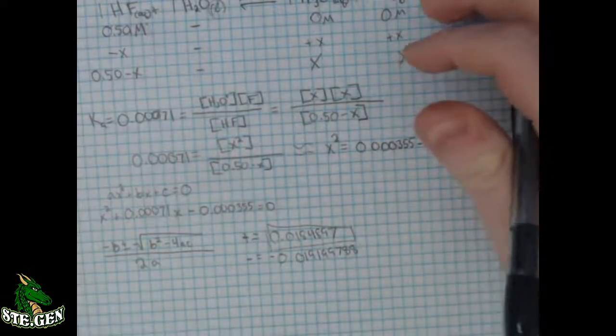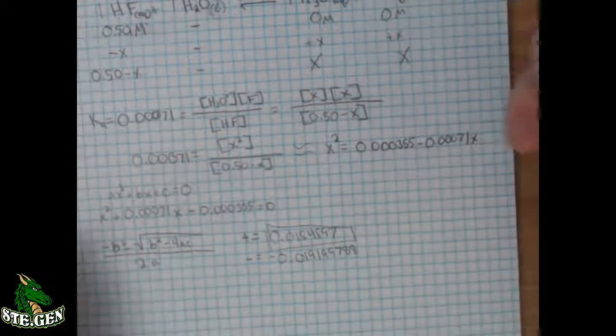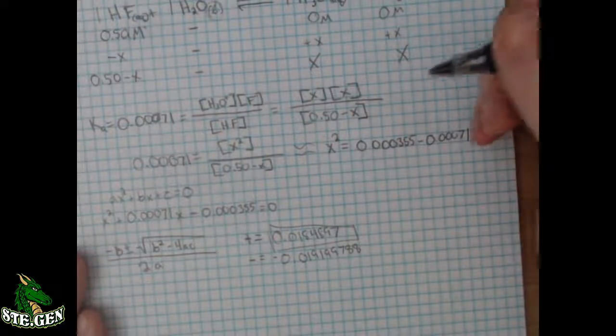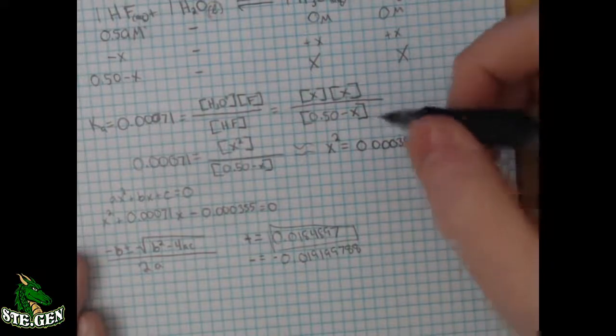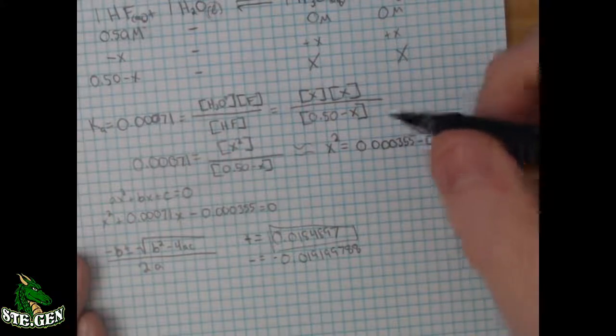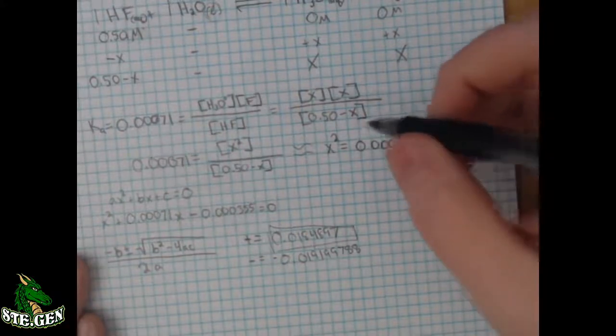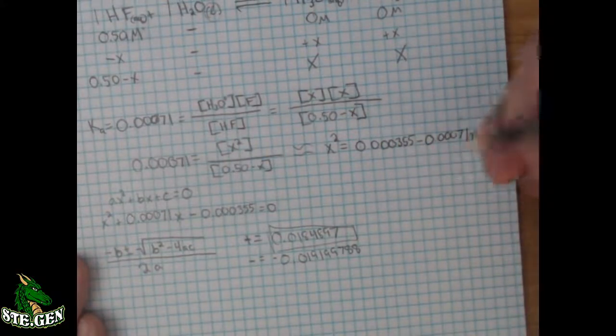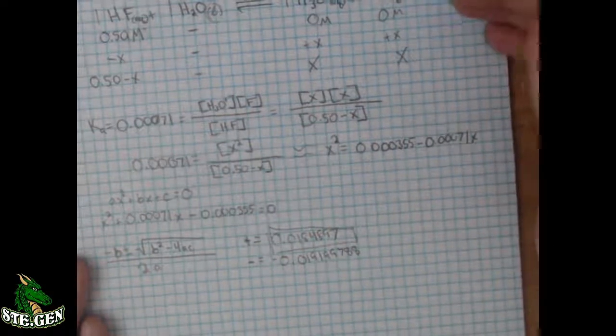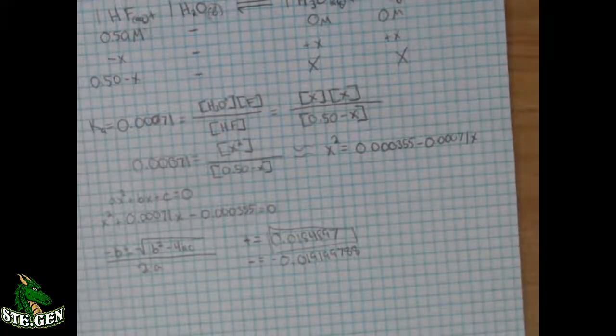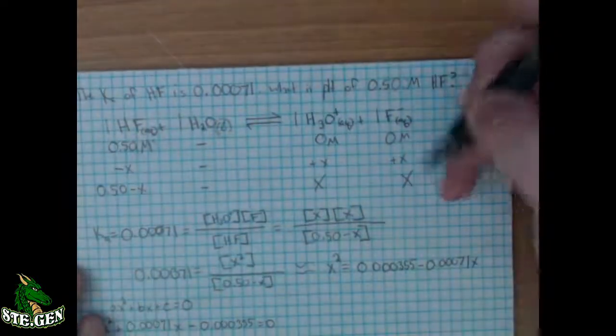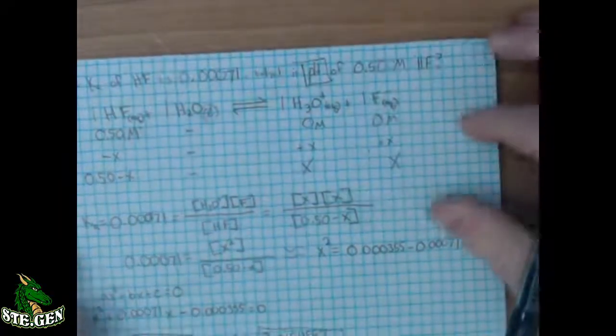And normally we use this and we could say, okay, well, we've got our x and we're good. We know what our H3O plus is. However, we can't do that this time because we actually have to plug into a different equation. So going back to the question up at the top, it asks what is the pH of this.